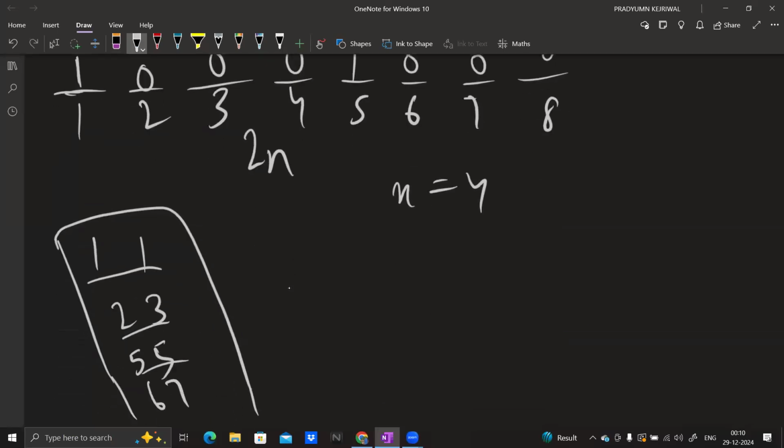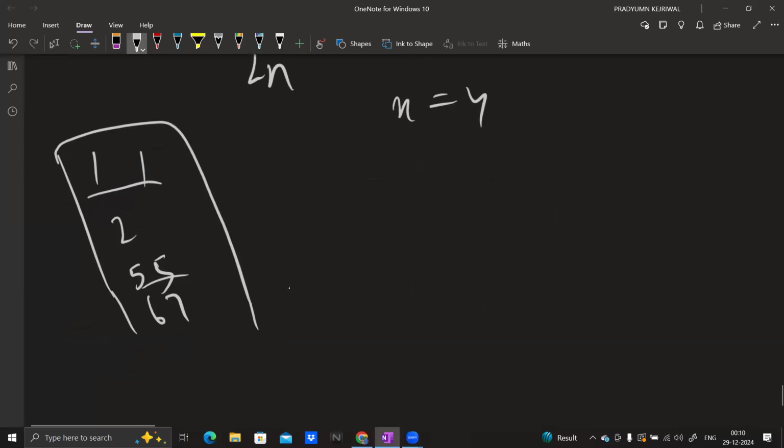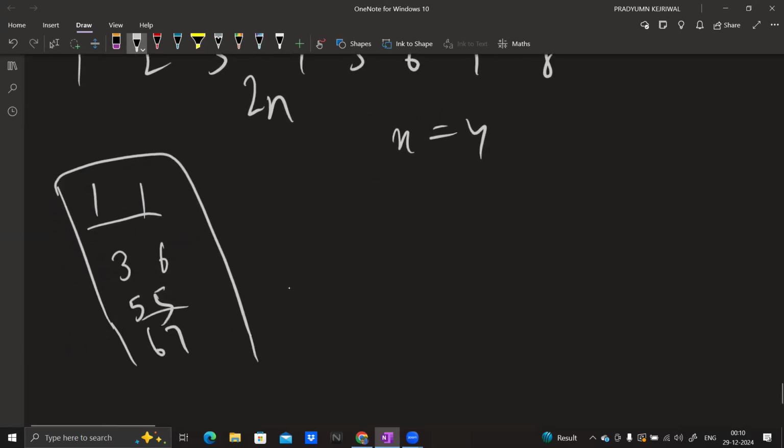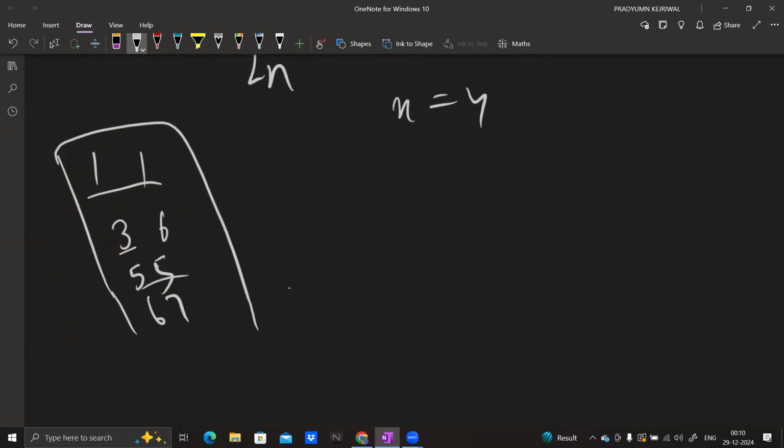Let's say the other one is not 2 to 3 but 3 to 6. Now I have done this. Now let's say I want to check, yes or no, for this 3 to 6.